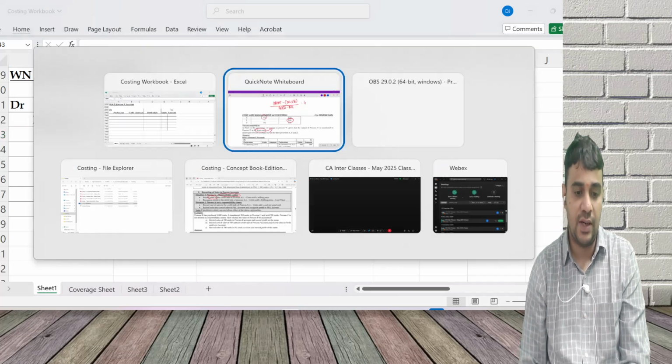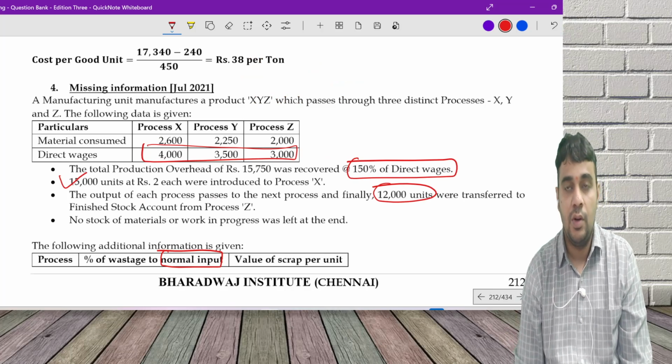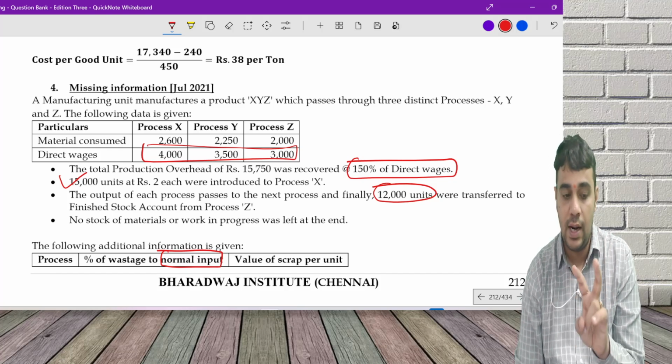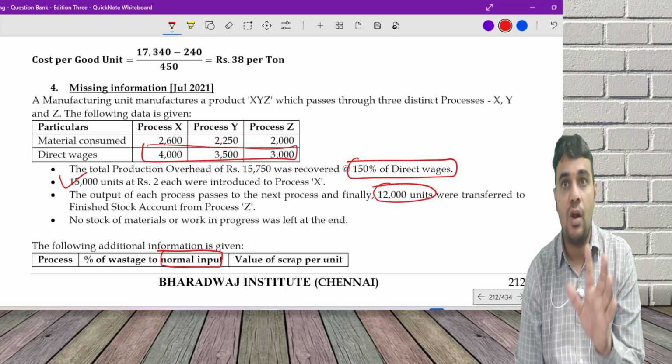Look at the information and tell me what is the first expense in process X. There is one raw material, which is 15,000 into 2, and then there is material consumed, which is a sundry material kind of a thing. That is not the main raw material.